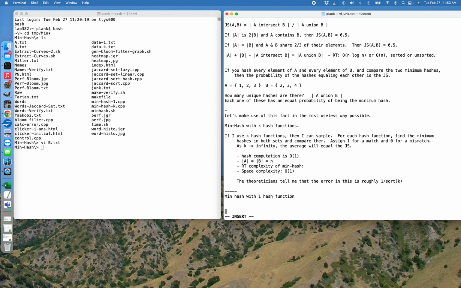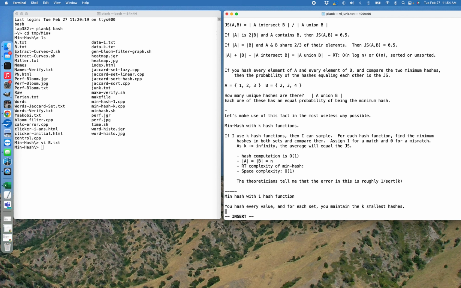What you do here is you hash every value, and for each set you maintain the k smallest hashes. So we have k in there again, but now we're not having to hash a bazillion times.